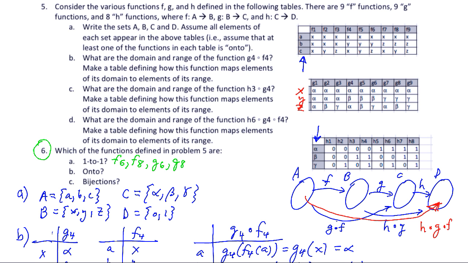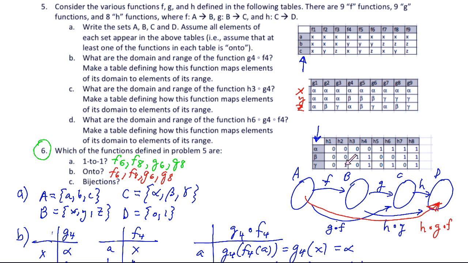Okay, when you have the domain and the range of the same size, looking for no repeats is essentially the same as looking for all elements of the range being there. So it's the same functions, F6, F8, G6, and G8.